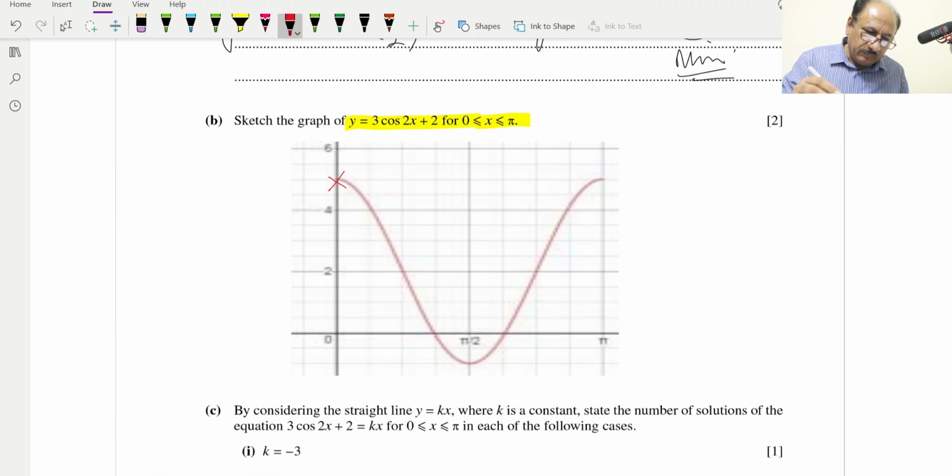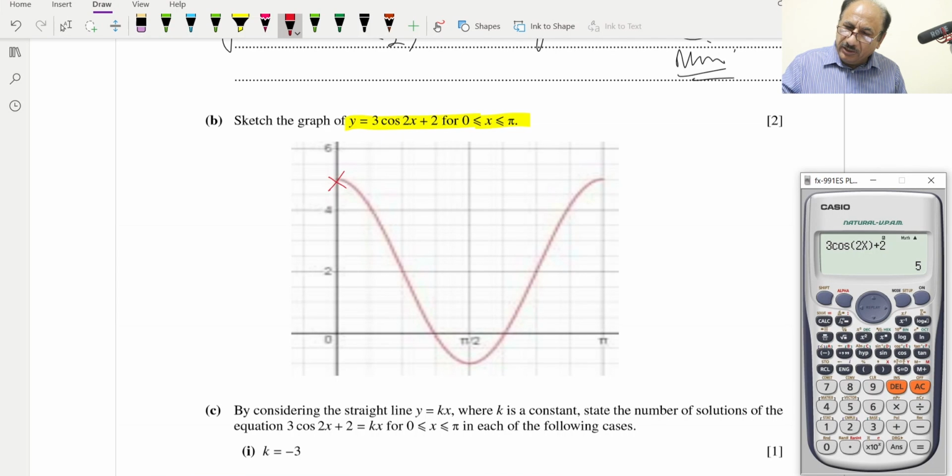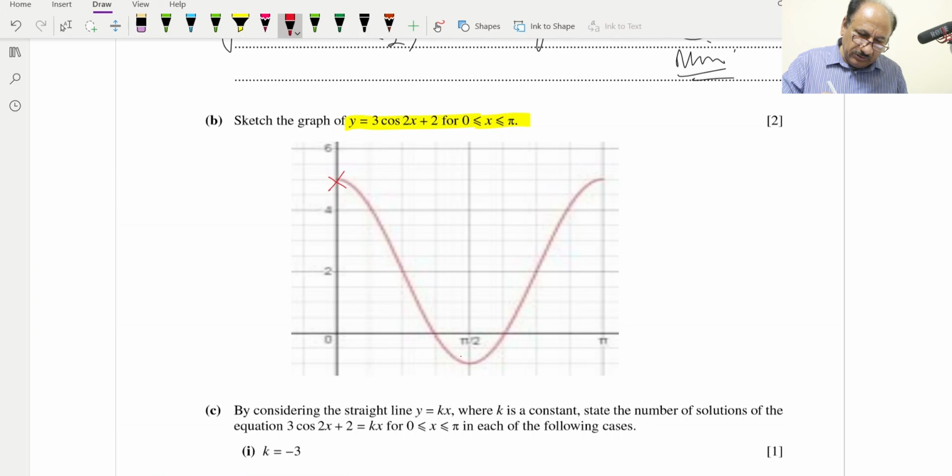Now you can calculate for pi by 2, that is 2 times pi over 2, and this will give you minus 1, so this point is minus 1.